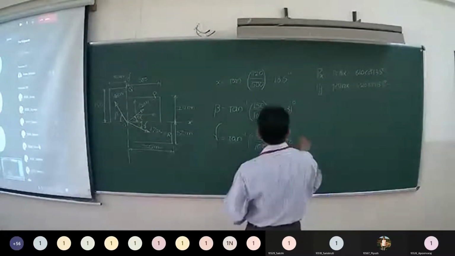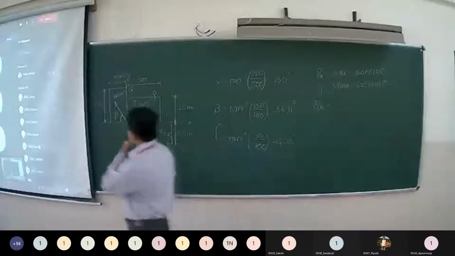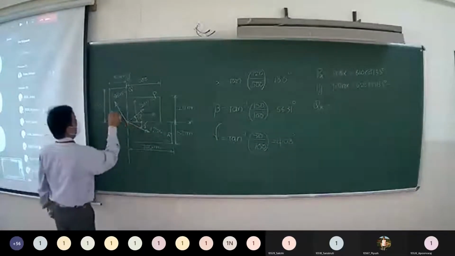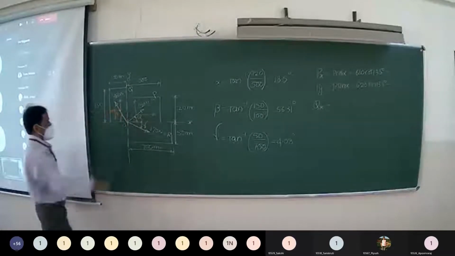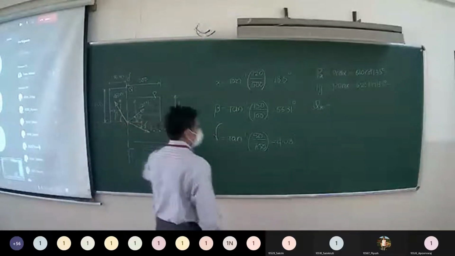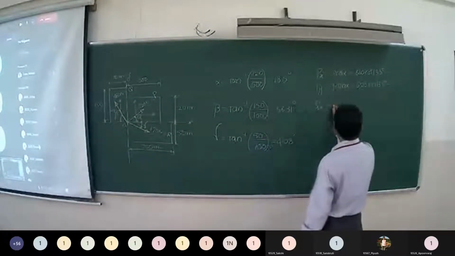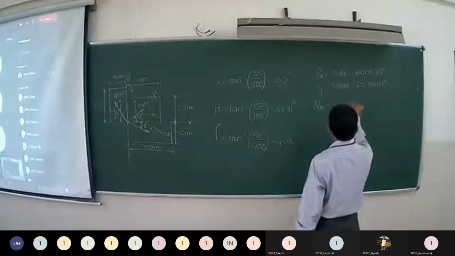Now you have components of Q. Q is acting in second quadrant. So you will find the x component is towards left, y component is upwards. And Q is making an angle beta with respect to x. So Qx is minus Q cos beta.